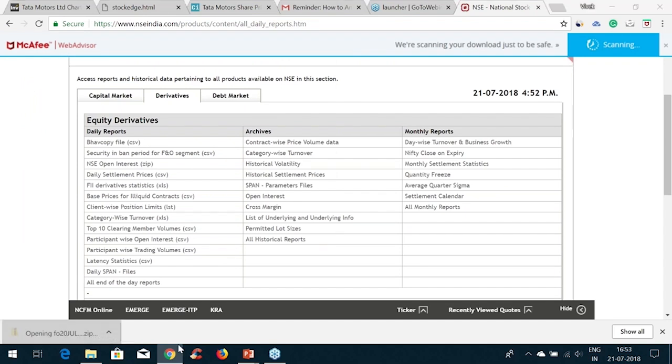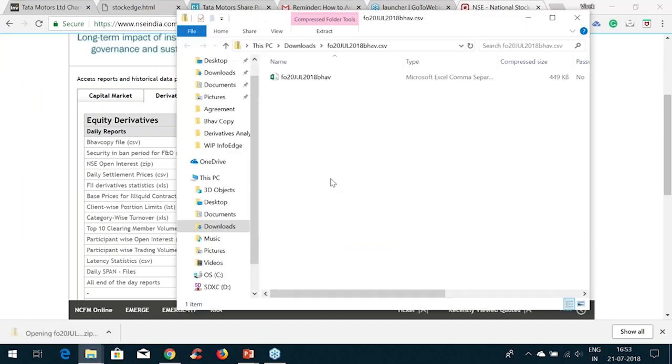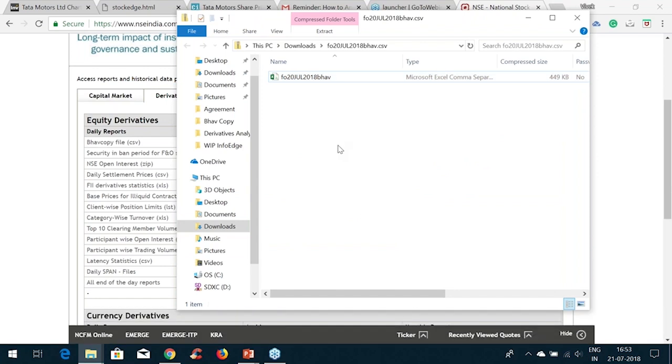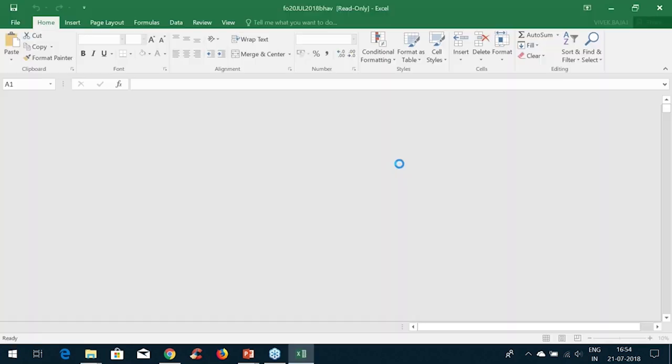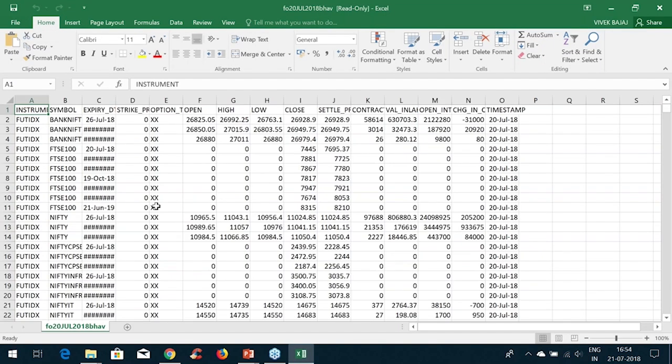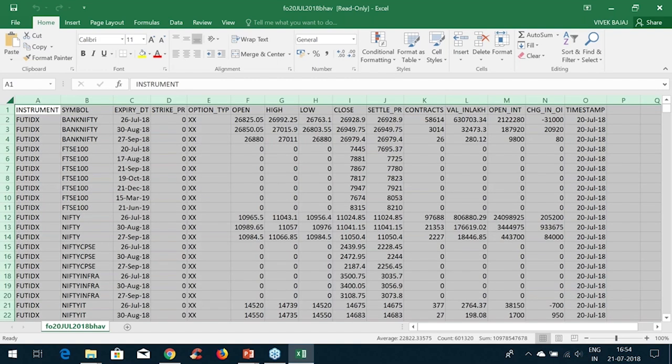So I've downloaded the Bhav copy. I'm getting a zip file. In that zip file, there is a CSV file. Don't worry about the CSV file, because it can be easily converted into Excel. Once you double click, you get this exhaustive file as an Excel file.